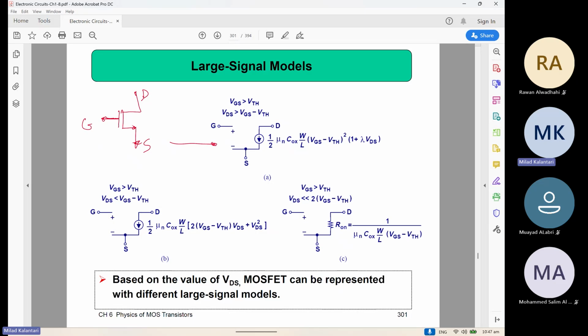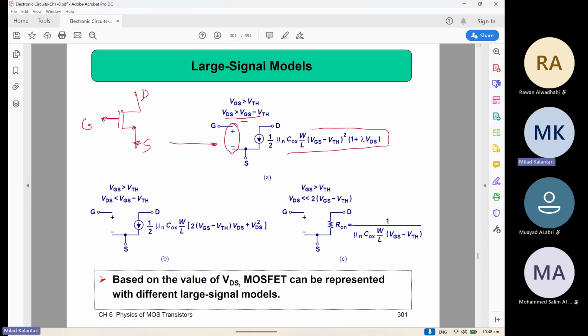First of all, we know that there is no connection between the gate and either source or drain because there is an insulator between, right? So here it is open. But on the other hand, we know that the current from the drain to the source, if the device is in saturation, which means VDS is larger than VGS minus VT, would be like this.